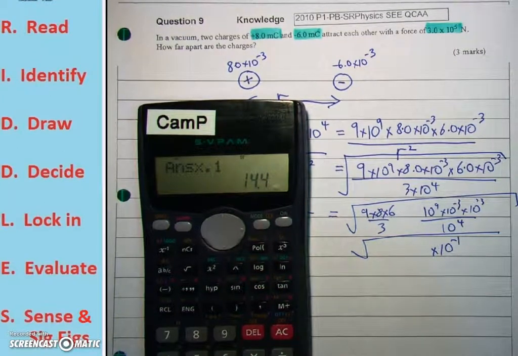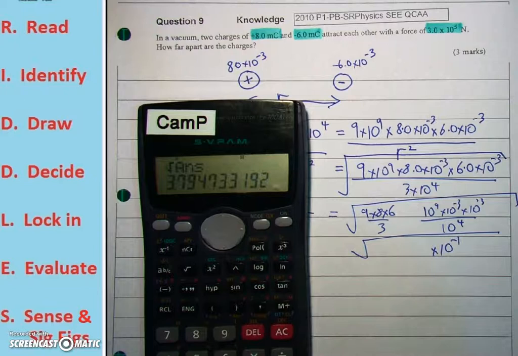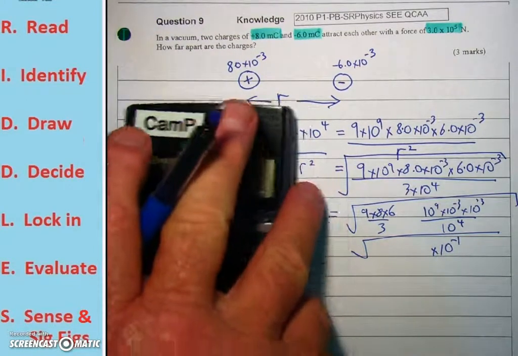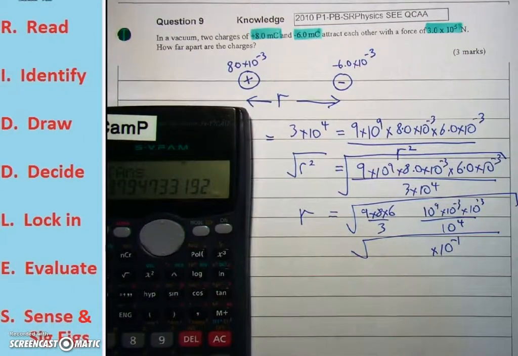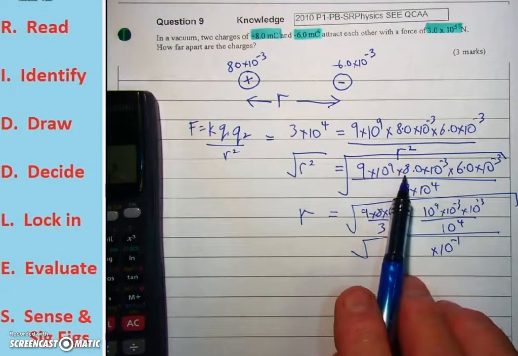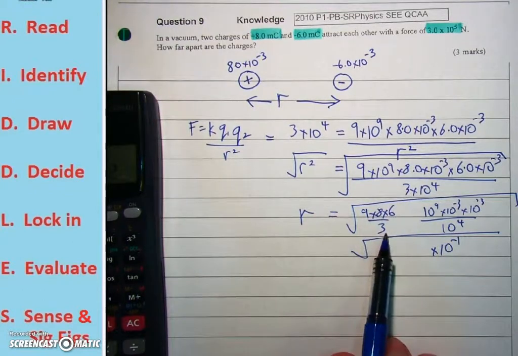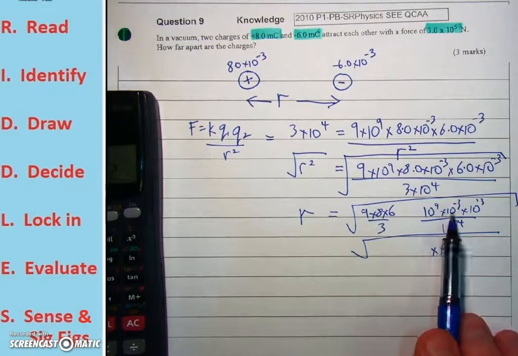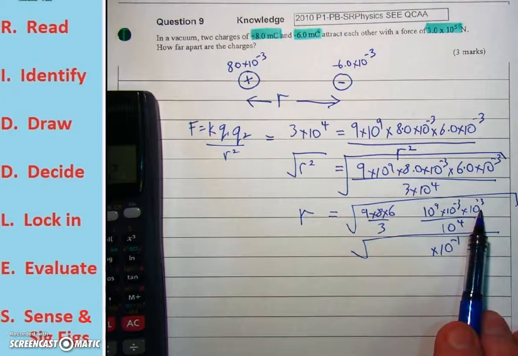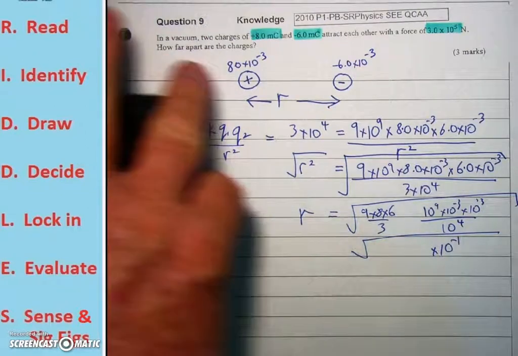equals, so it's the square root of 14.4, 3.79. I think I've made a mistake. Let me go back over and work that out again. 9 times 8 times 6 divided by 3. 10 to the 9, 10 to the -6 is 10 to the 3, divided by 10 to the 4 is 10 to the -1.